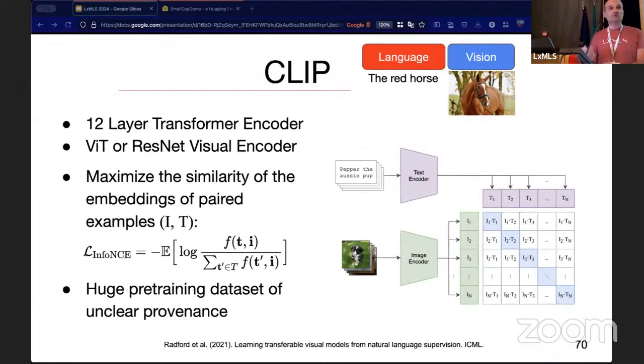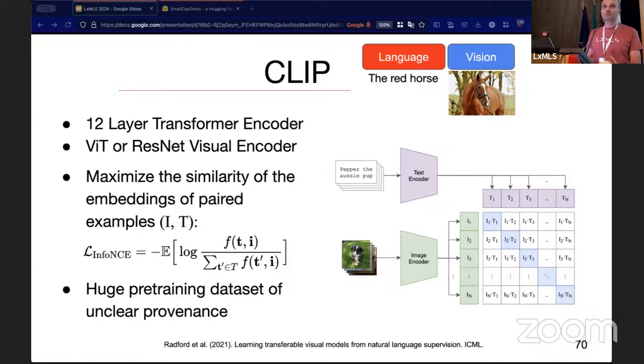And one of the most commonly known representations in this is CLIP, which uses a transformer encoder for language representations and either a vision transformer or a ResNet visual encoder to represent the image data. And the model was trained to maximize the similarity of the embeddings of paired examples along the diagonal while minimizing the similarity off the diagonal.